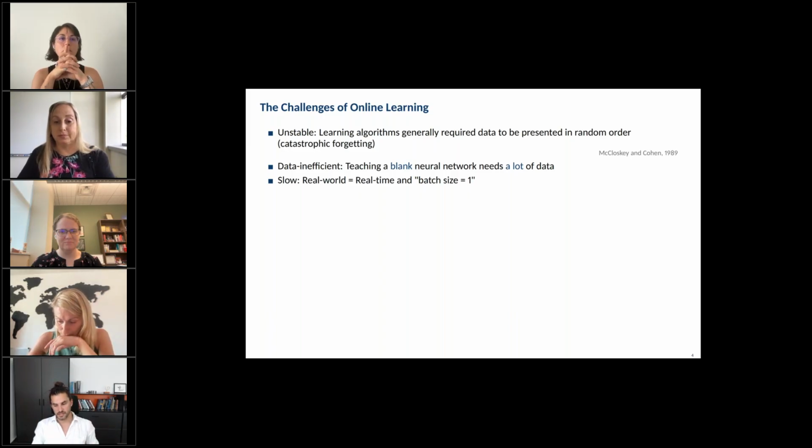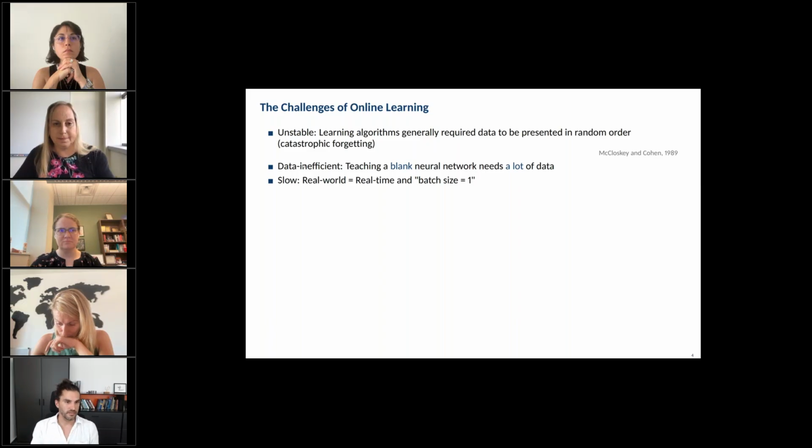So everything I told you about this gradient-based synaptic plasticity just generally doesn't work. And the reasons for this are that basically learning in neural networks requires you to see the data in a random, IID fashion, which is not how we experience the world, right? You just saw a bunch of pictures there and probably sampled the red ones one after another.